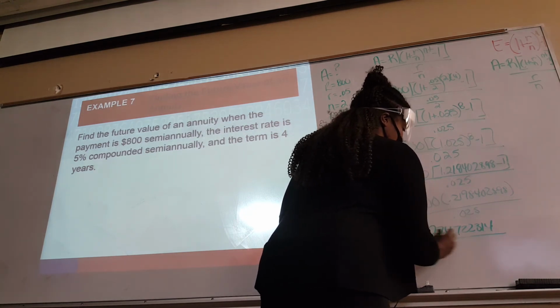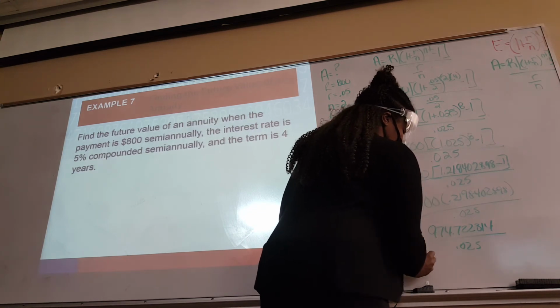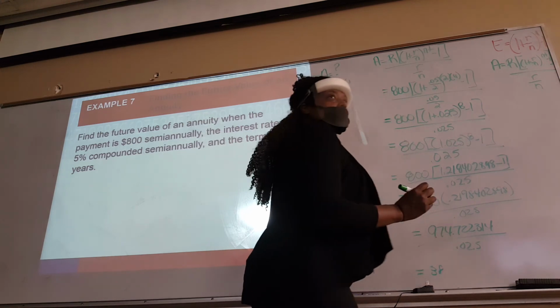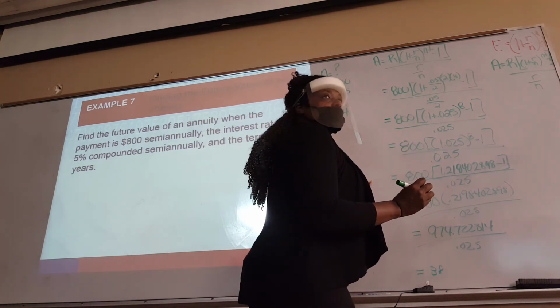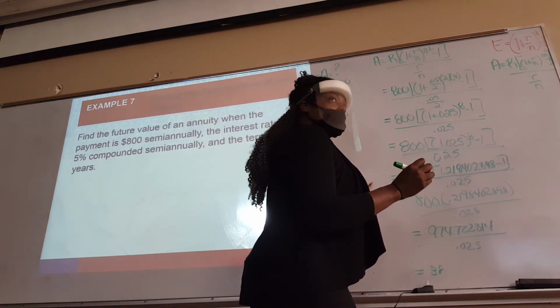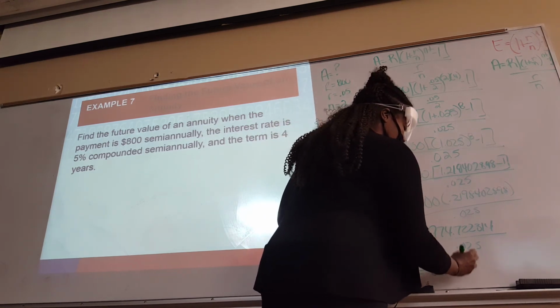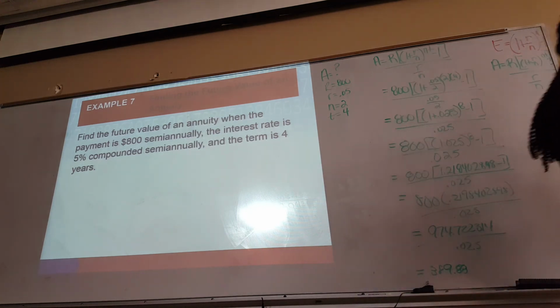And then now we just divide it by 0.025. What do we get? 6988. Everybody get the same thing?